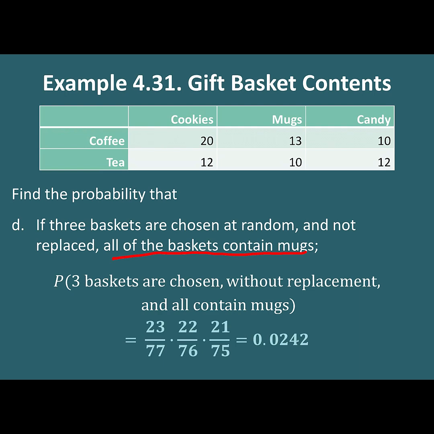Since there are 23 baskets that contain mugs in this column here, the first basket will be 23 out of the full 77. And since they are not replaced, we now have 22 baskets out of 76, and then we finally multiply by 21 baskets out of 75, giving us an estimate of 0.0242.